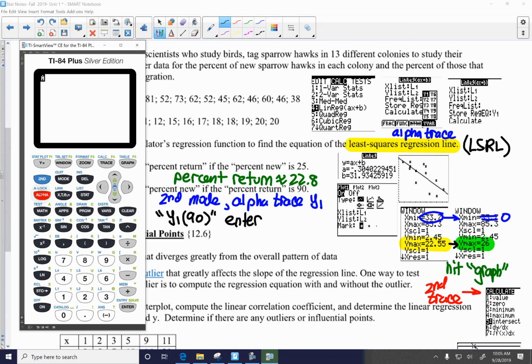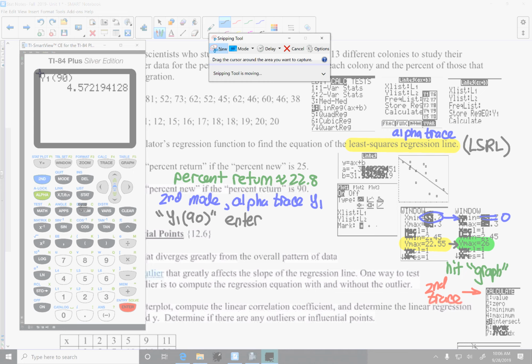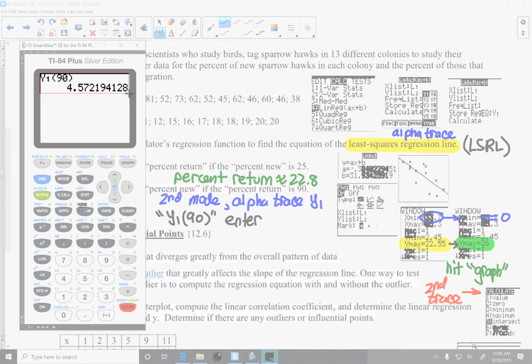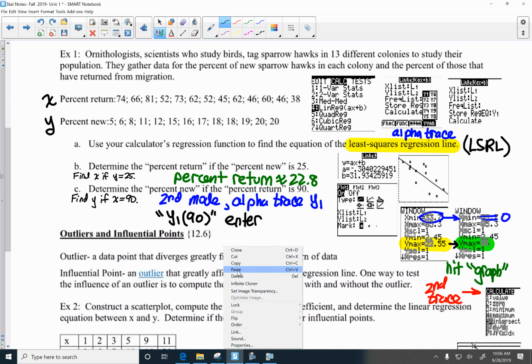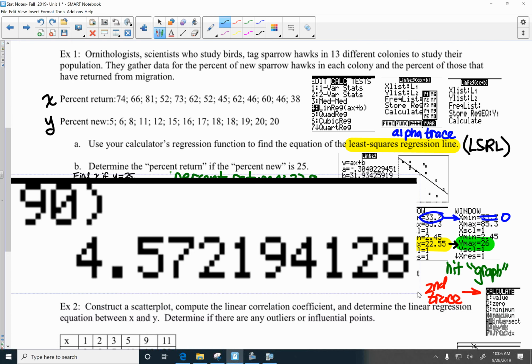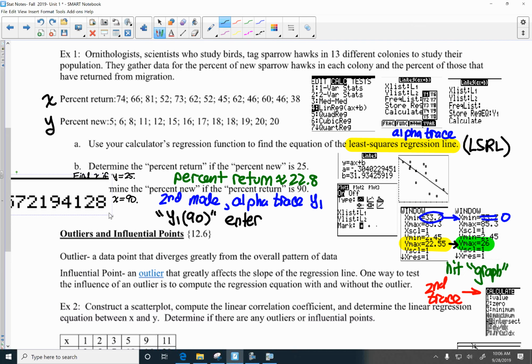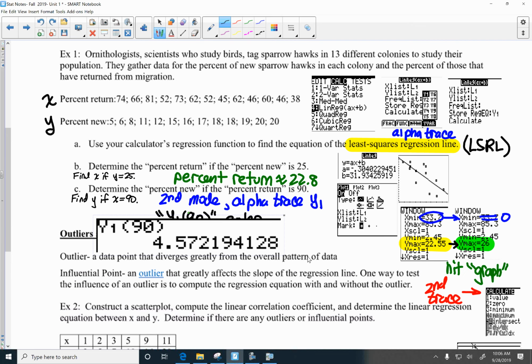So alpha trace Y1, open paren, type the 90, close paren, hit enter.